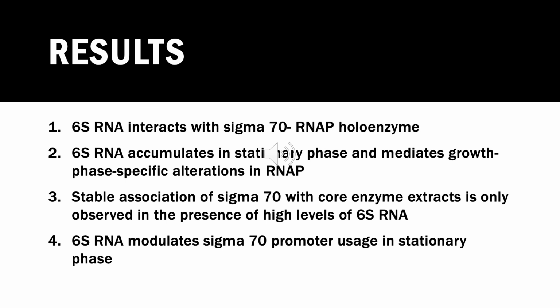Number 3, stable association of sigma 70 with core enzyme extracts is only observed in the presence of high levels of 6S RNA. This just gives us more fuel to understand the importance of 6S RNA and its association with sigma 70 and that holoenzyme complex. And then lastly, 6S RNA modulates sigma 70 promoter usage in stationary phase.